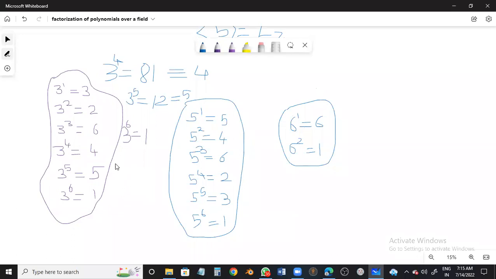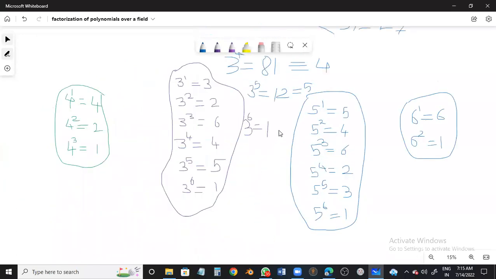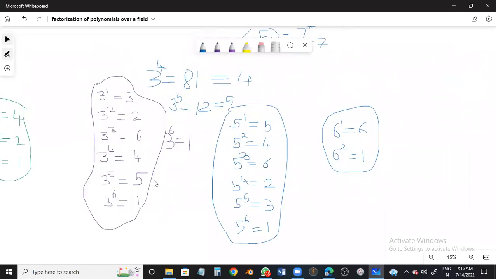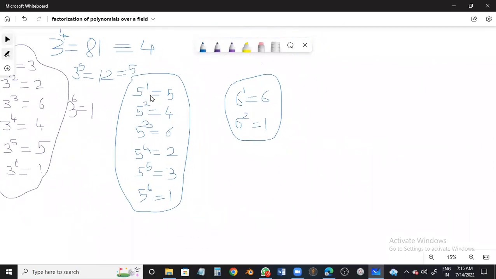Okay. Now, if I go to 4, already I have discussed 4. Then I go to 5. 5 raised to 1 is 5. 5 square, 25 when divided by 7. 25 minus 21, you will get 4. Then 5 cube, 4 5s are 20. 20 minus 14, you will get 6. 6 5s are 30. 30 minus 28 will give you 2. What I'm doing? I'm subtracting the multiples of 7.